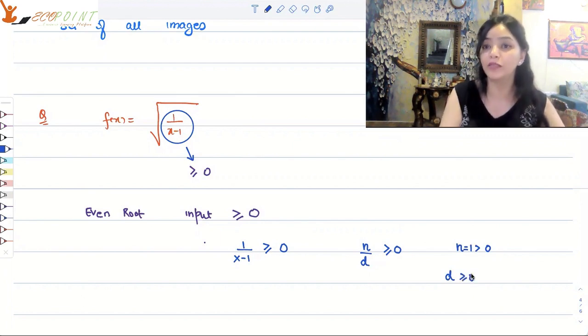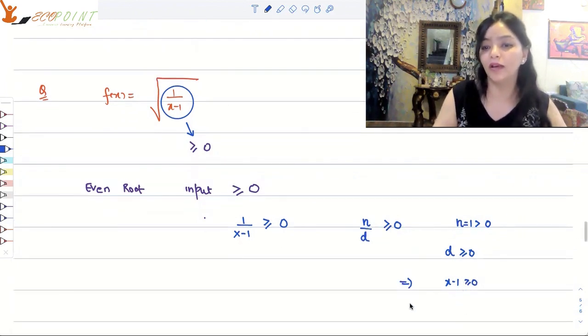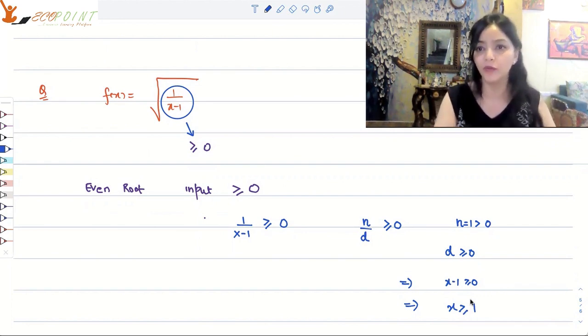Then only I'll have a positive entry, 1 upon x minus 1. So this would imply that x minus 1 should be greater than or equal to 0, which would imply in turn that x should be greater than or equal to 1. When x is greater than or equal to 1, you will have 1 upon a positive number, which gives you the fraction as positive.